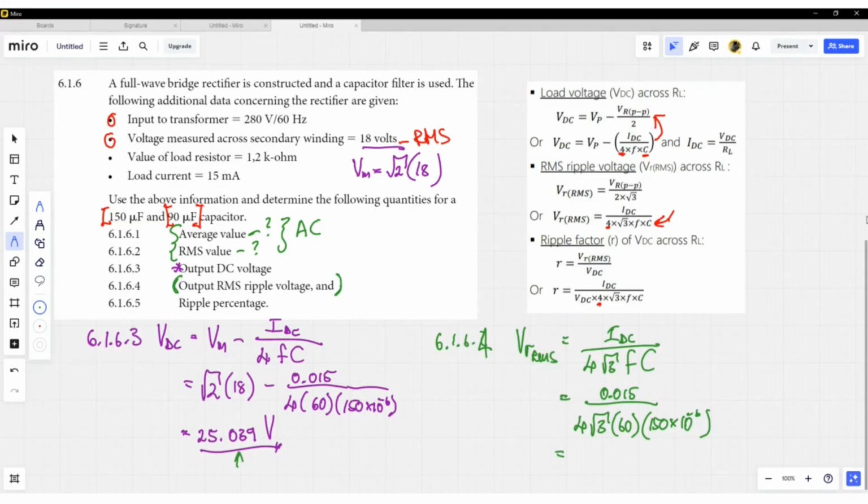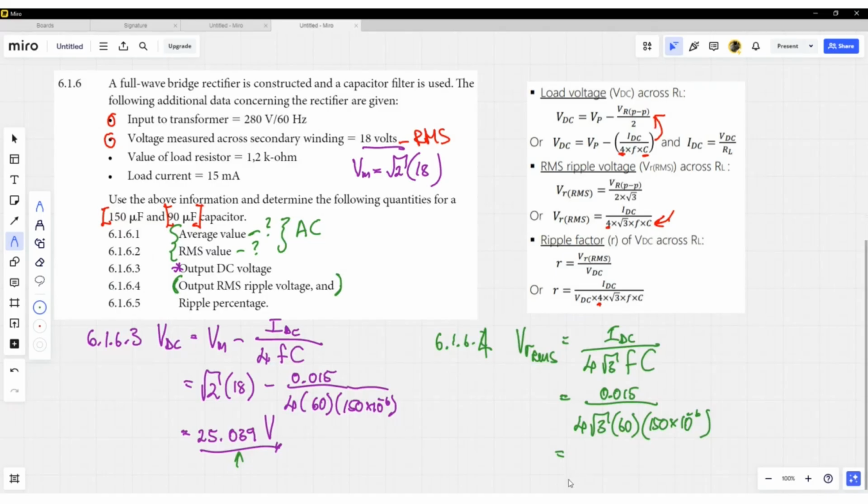That's essentially 0.015 times 1,000,000, and then that divided by 4, divided by 60, divided by 150, and then finally divided by square root 3.